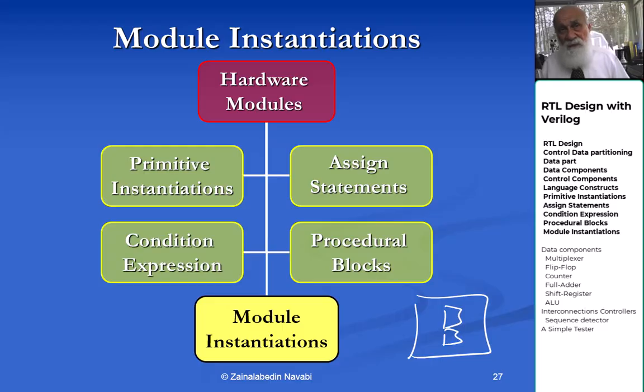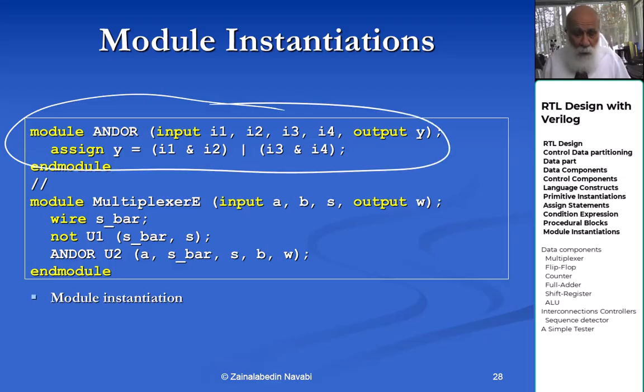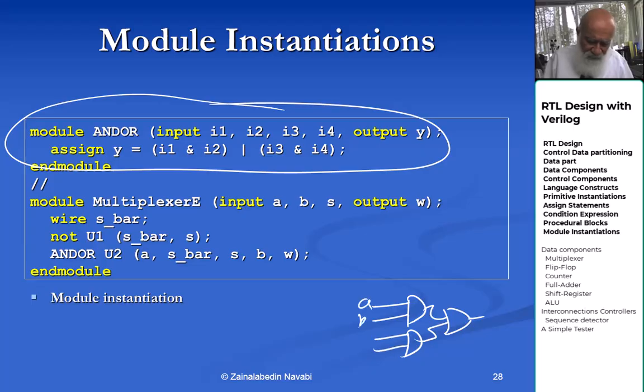Okay, for example, if I happen to have this logic, which I'm calling AND-OR logic, which is this AND and OR, okay, A, B, C, D. This is a logic with some output Y, and I have it in my library, and I like to build a multiplexer out of this.